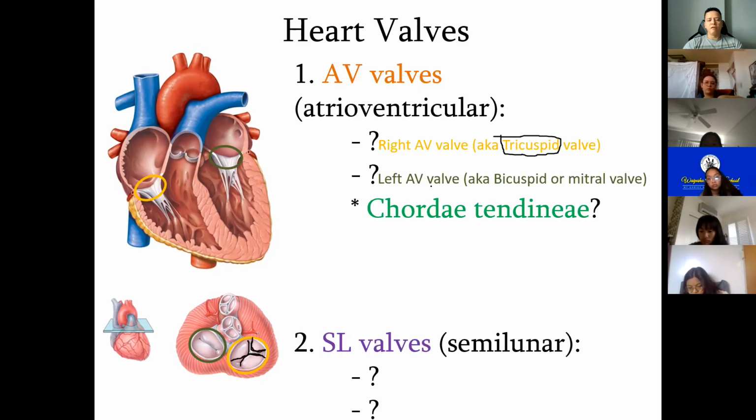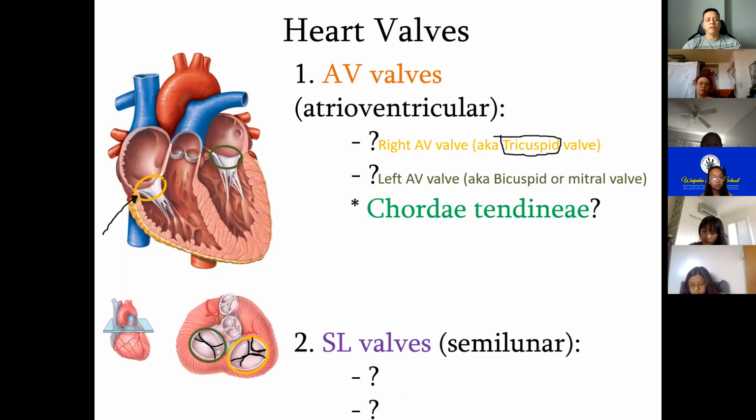The left AV valve is also known as the bicuspid because it has 2 cusps, or also known as the mitral valve, okay? Now, you don't have to use all the names when you are labeling. If I ask you to label this valve and you keep repeating several names, I know you're still going to make a mistake, so don't do that.